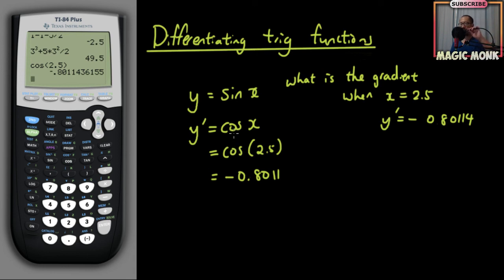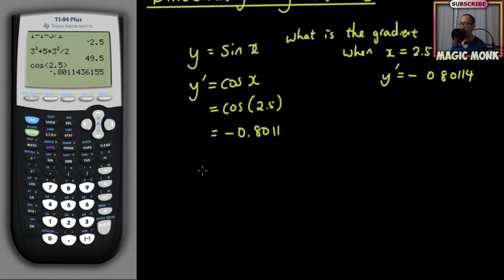Okay, the next thing I want to do is show you how to differentiate some harder equations. Instead of sine x, let's now put a number inside of the sine equation. So let's do y equals sine bracket 3x. To differentiate that, I hope you remember the chain rule.